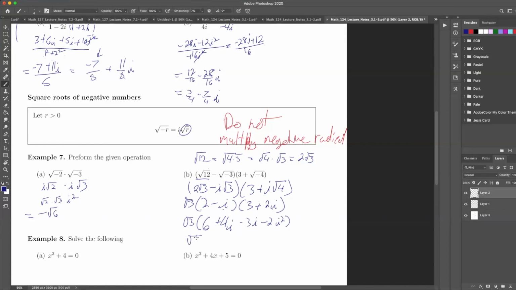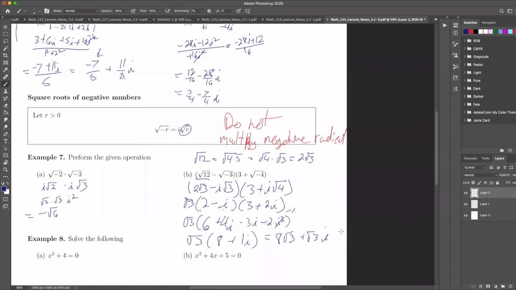And we simplify that down one more time. I'll have square root of 3 times 6, this becomes a negative 1, so it'll be plus 2, so it'll be 8. Plus 4 minus 3 would be 1i, which is just equal to 8 square root of 3 plus square root of 3 i.